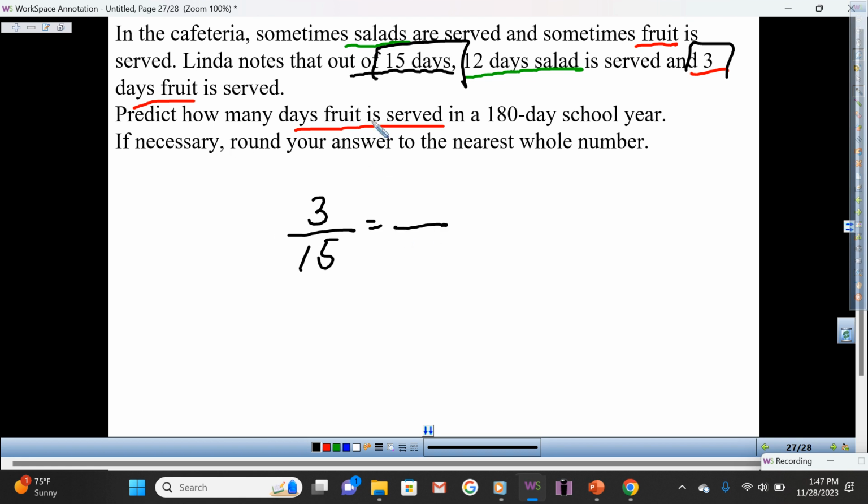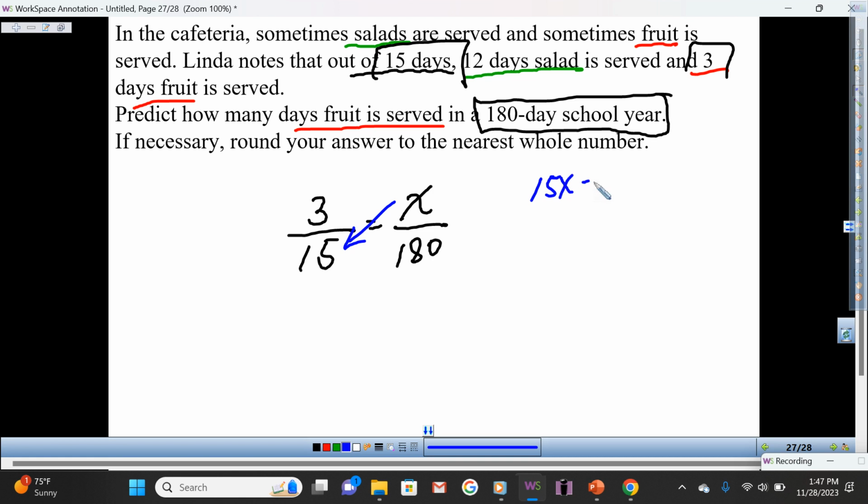They want us to predict how many days they're going to serve fruit if it's the entire school year. What is the entire school year? 180. And we want to figure out what x is. Therefore, cross multiply and solve. 15x equals 540, and then we solve.